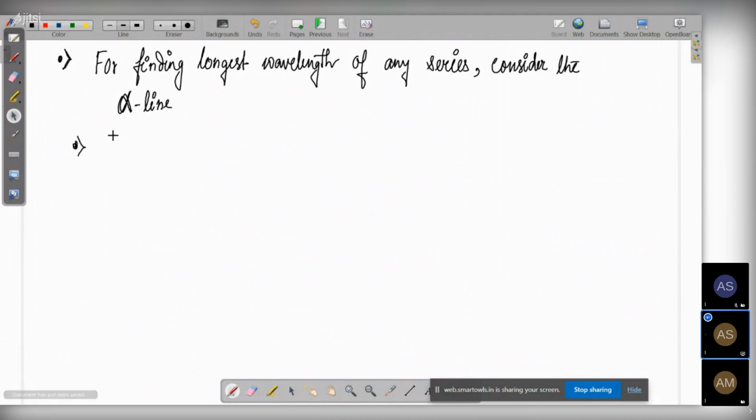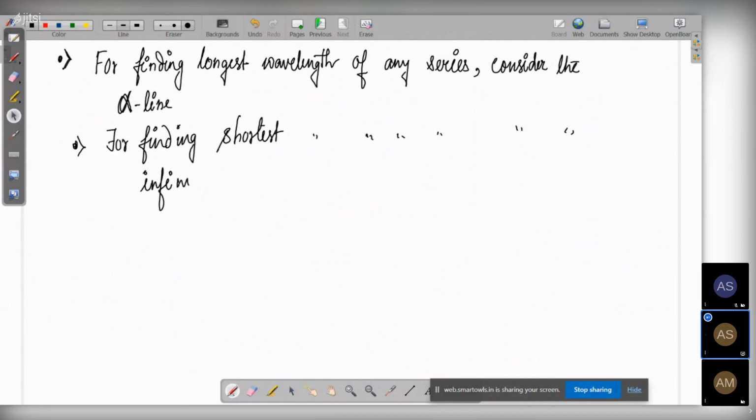And for finding the shortest wavelength of any series, consider the infinity transition.